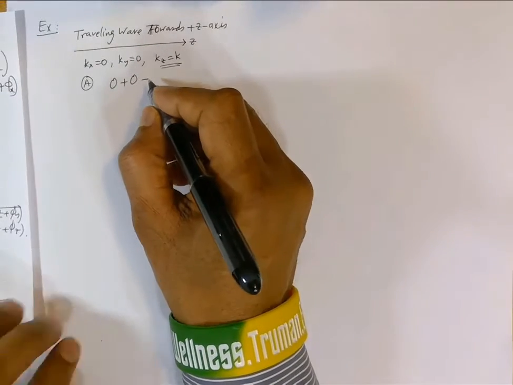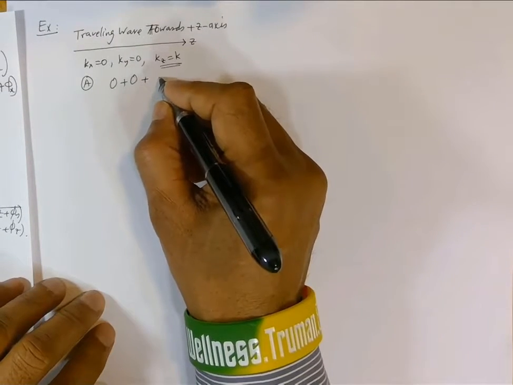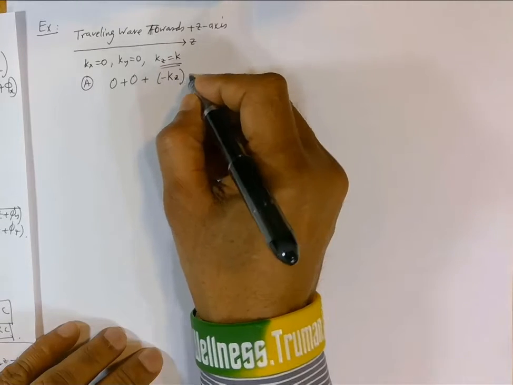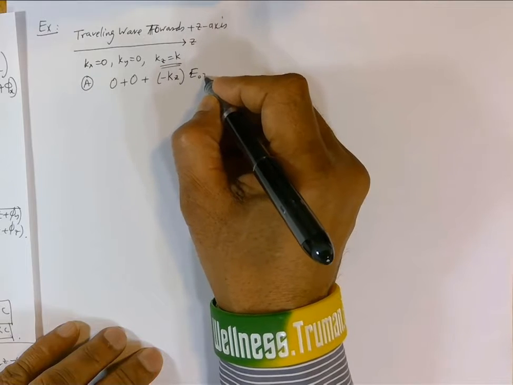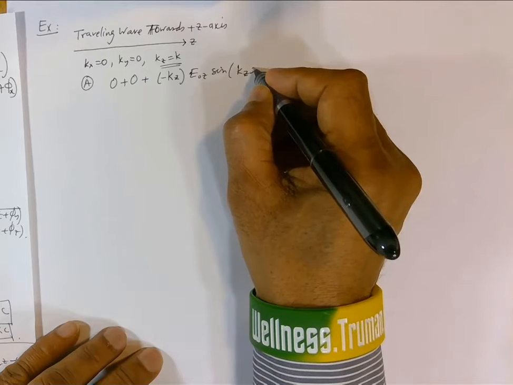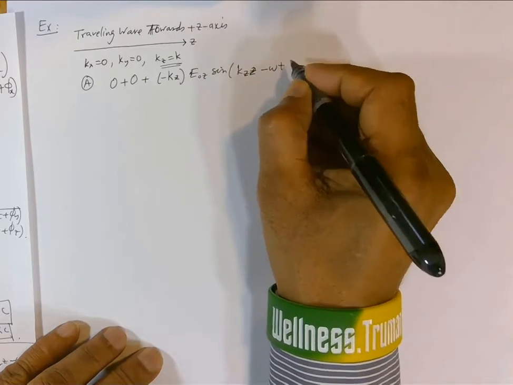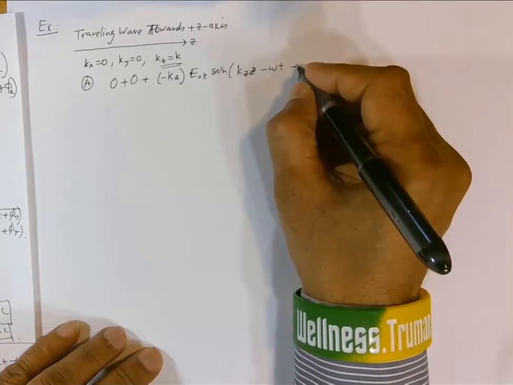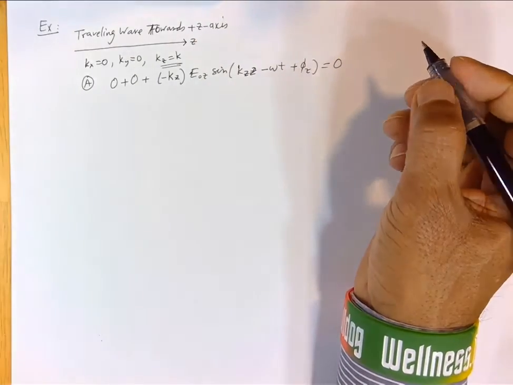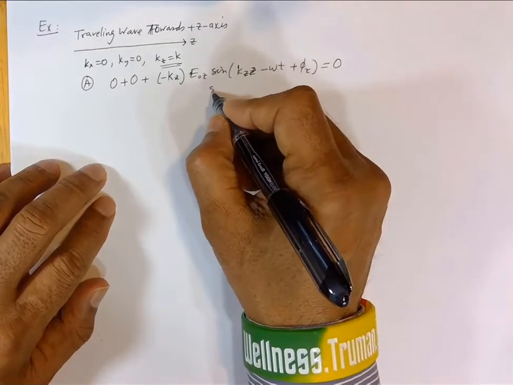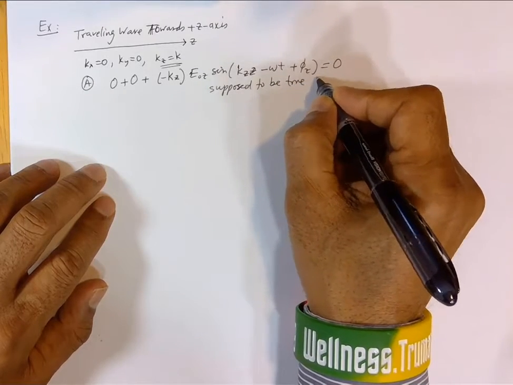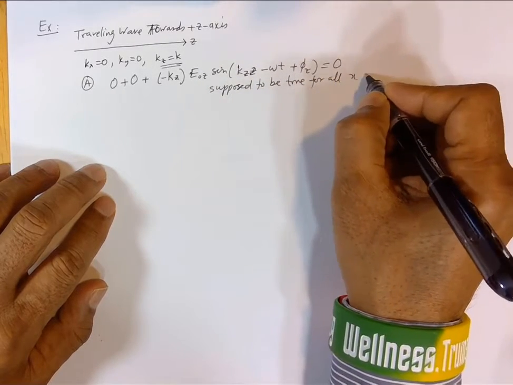And then when I take a z derivative, I get minus kz E0z sine of kz z minus omega t plus phi z equal to 0. Now this is supposed to be true for all x and t.